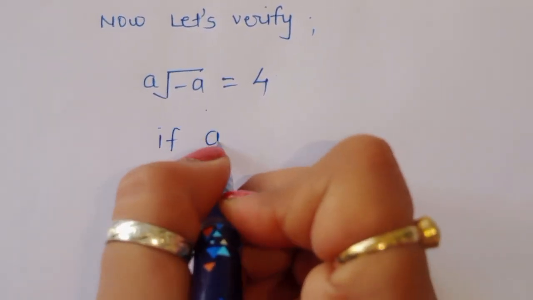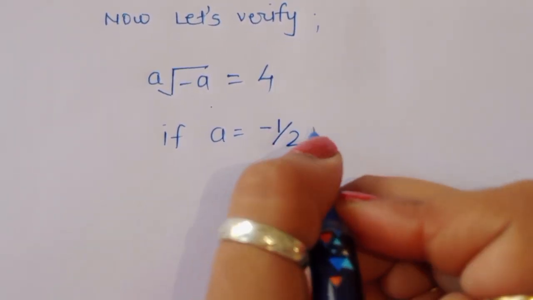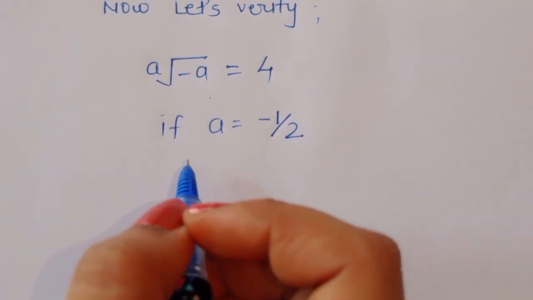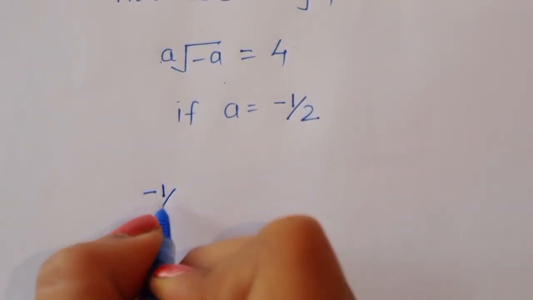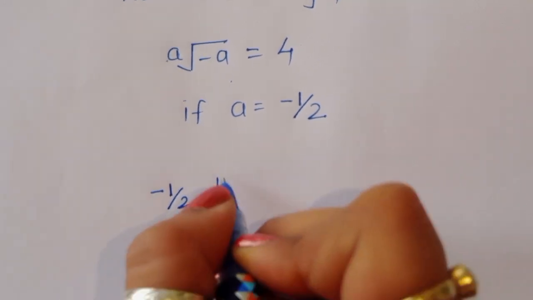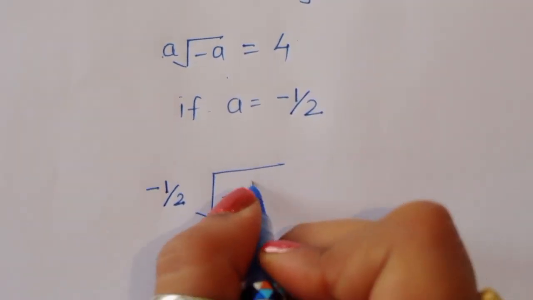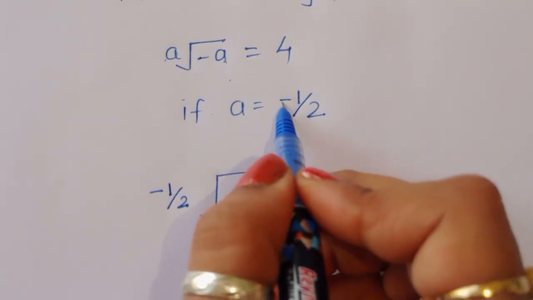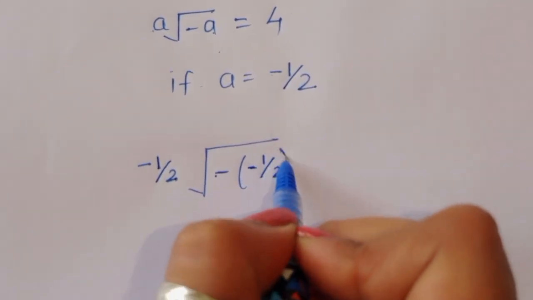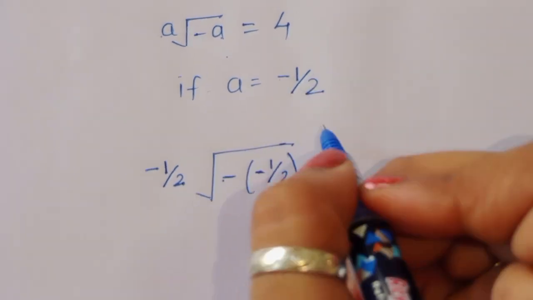If a = -1/2, then we get (-1/2)^(√(-(-1/2))) = 4.